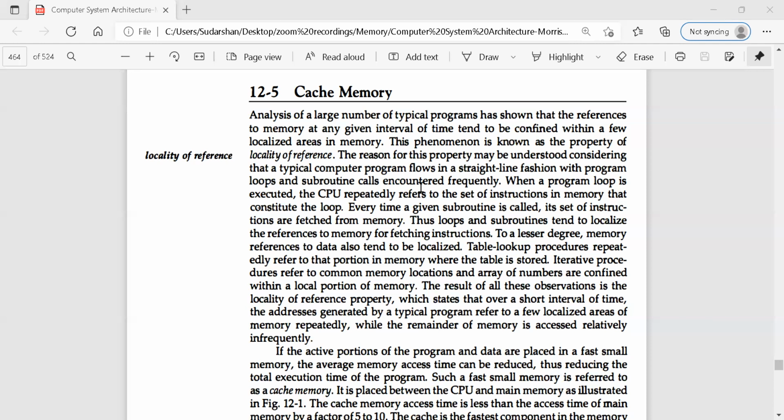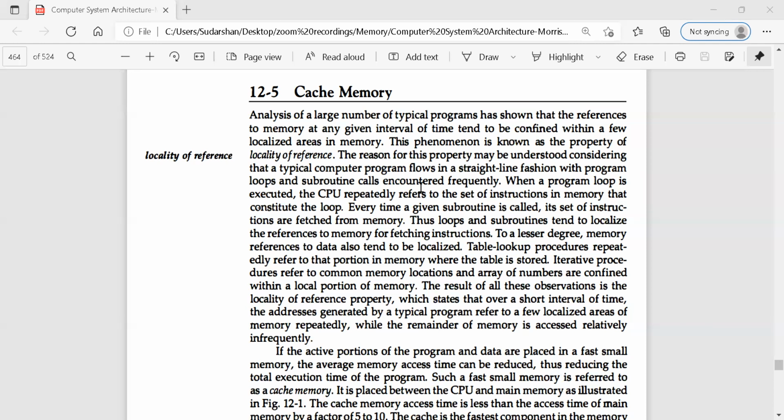So that is the power of cache memory. When I say power, I am referring to its speed. They are in the ratio roughly 1:10. So instead of fetching one word from primary memory, you can fetch 10 words from cache memory in the same amount of time. So that is the special feature regarding cache memory.